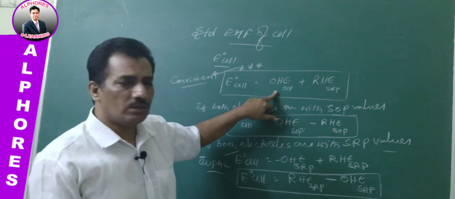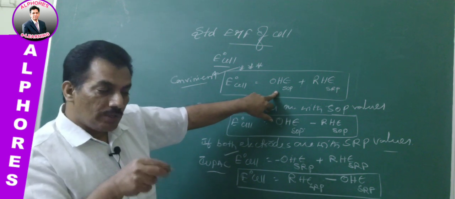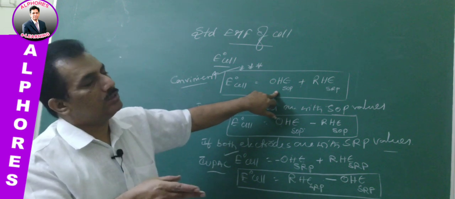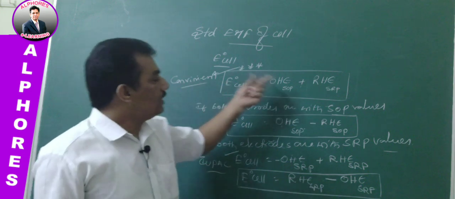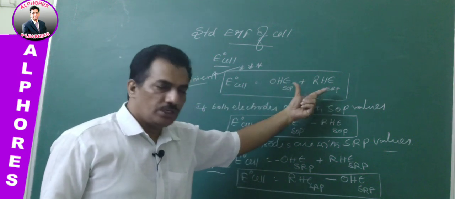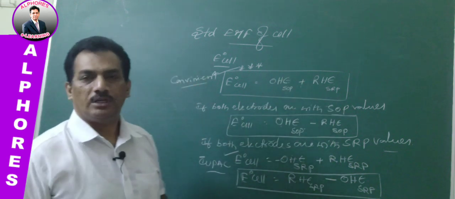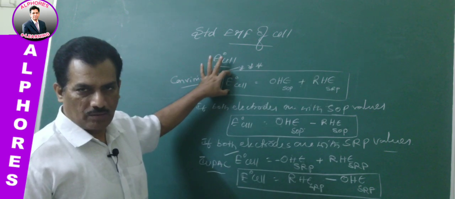By definition, they are nothing but the potential developed around the electrode when that metal rod is dipped in its own salt solution of unit concentration, that is nothing but 1 molar concentration. We defined it. And when we are measuring these two, that is SOP of oxidation electrode and SRP of reduction electrode, the sum is now EMF of the cell, E0 cell.